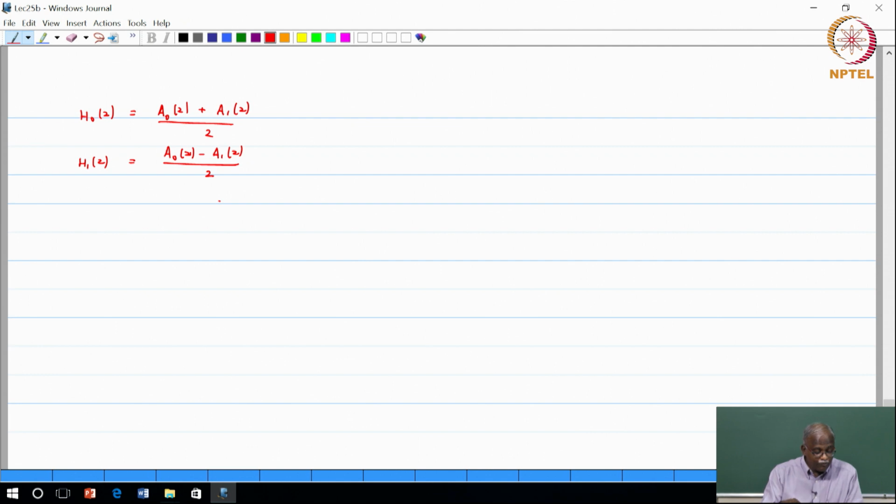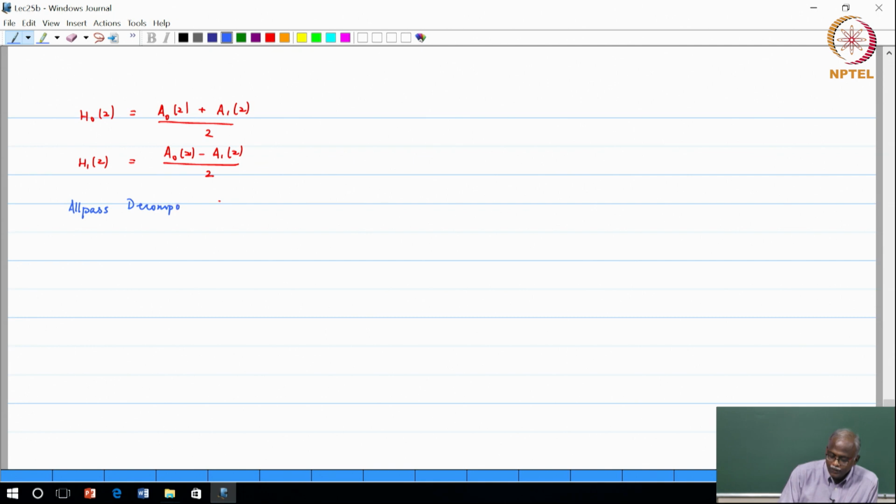If we can write it in this form, then we are able to get a lot of the results that come from there. This is what we will refer to as the all pass decomposition theorem.